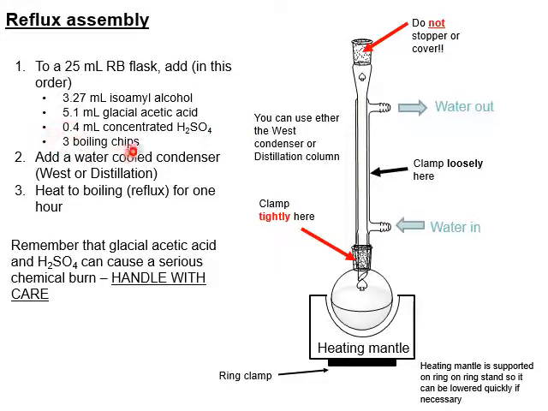And then you add the boiling chips, and then you will logically put the condenser on, so that you no longer have to add anything else, right? So then you heat. Remember to be careful with H2SO4 and acetic acid.